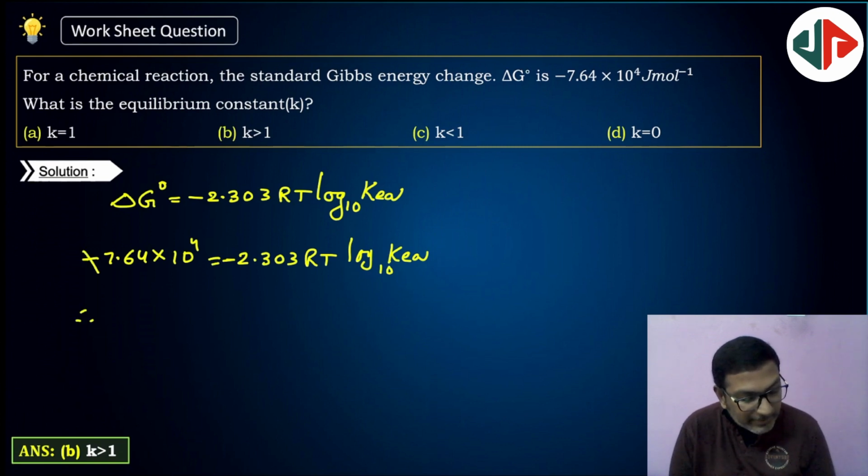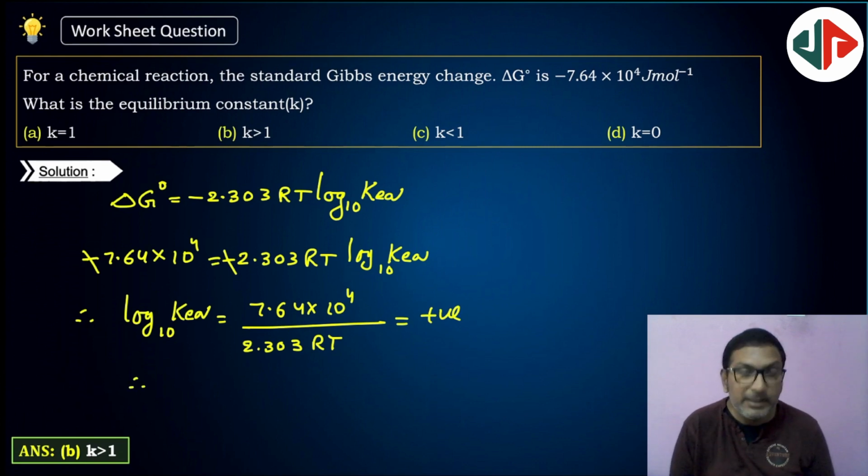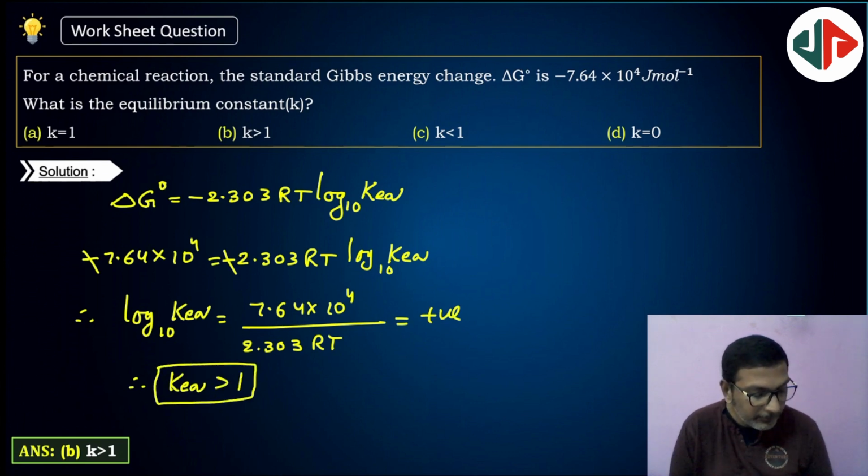Minus minus cancel. Log K equilibrium base 10 equals 7.64 into 10 power 4 by 2.303 RT, which is a positive value. Positive value means K equilibrium must be greater than 1, since R value is positive and T value is positive. Therefore the equilibrium constant must be greater than 1. Option B.